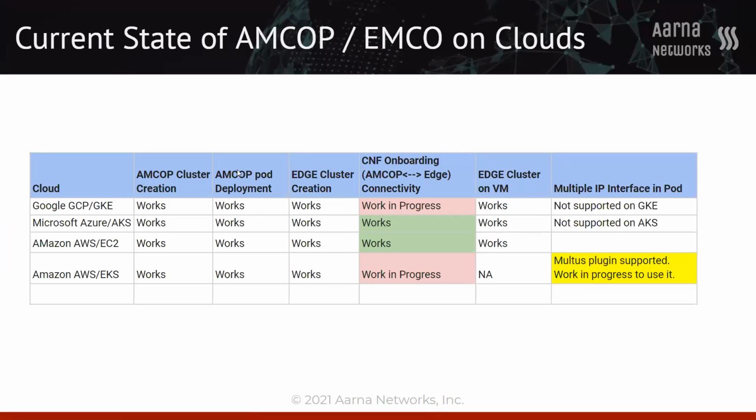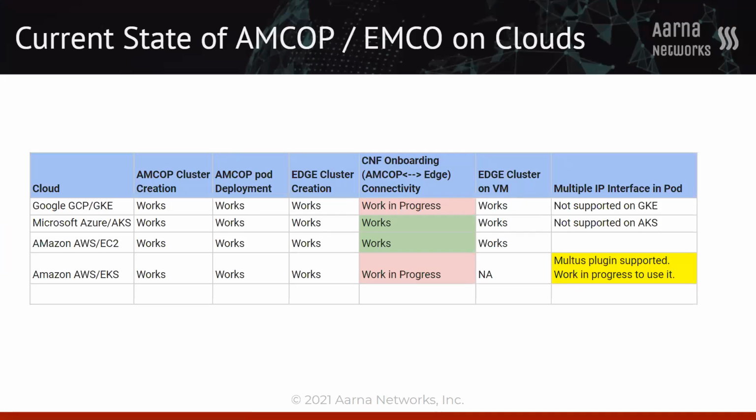Going to the next slide, this is the current state of the deployment of AMCOP on all the clouds. As we see, we have Google GCP. I tried to create a table that tells us the current state of deployment on different clouds.